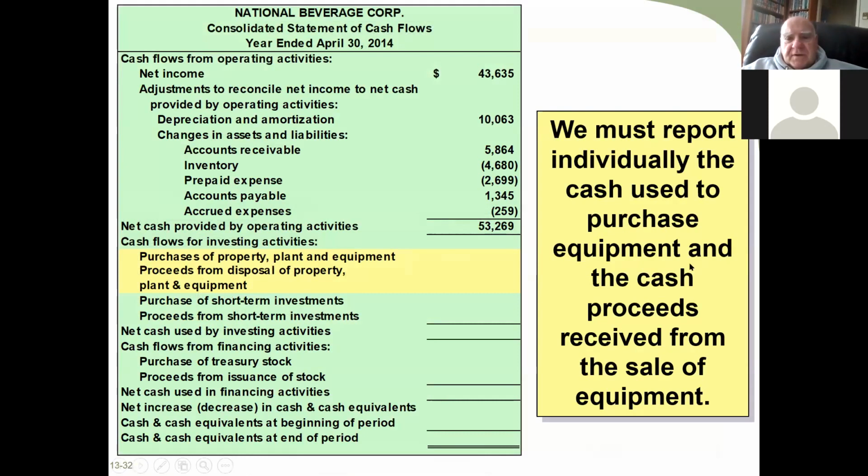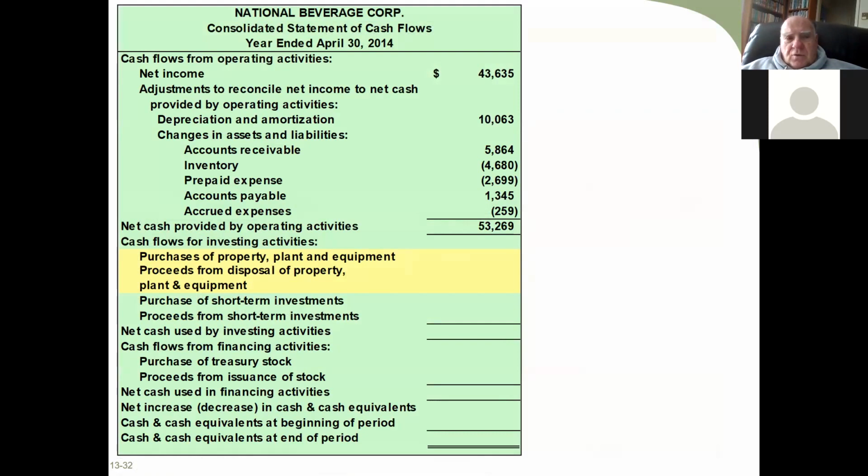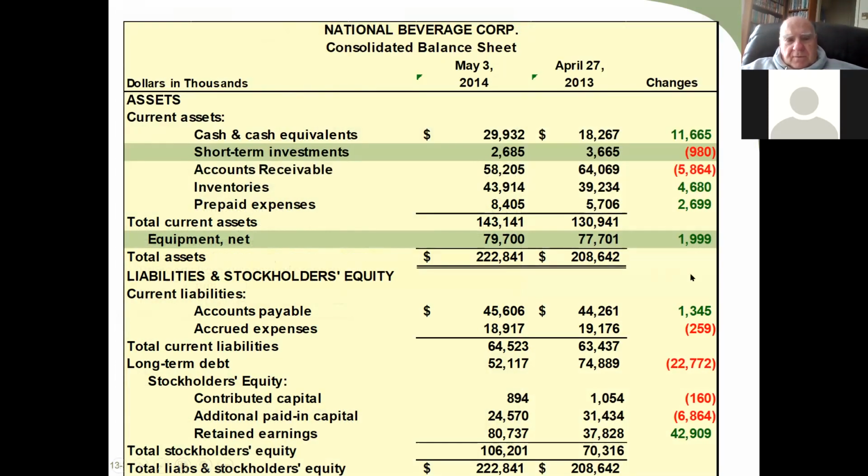We must report the cash used to purchase the equipment separately from any proceeds we received in the sale. In other words, you can't go up here like you did with the current assets and say, well, equipment went up 2 million, that's a negative cash flow.